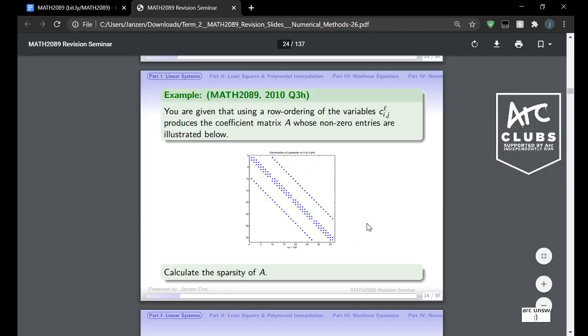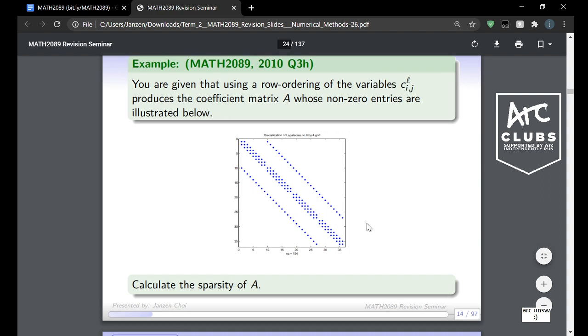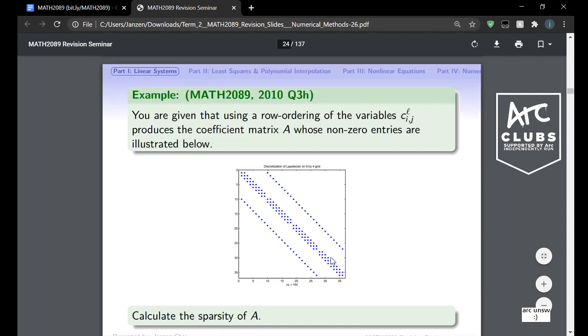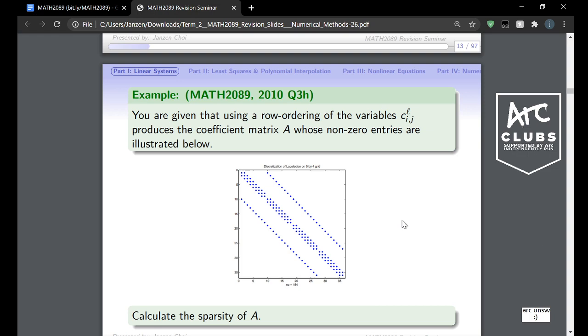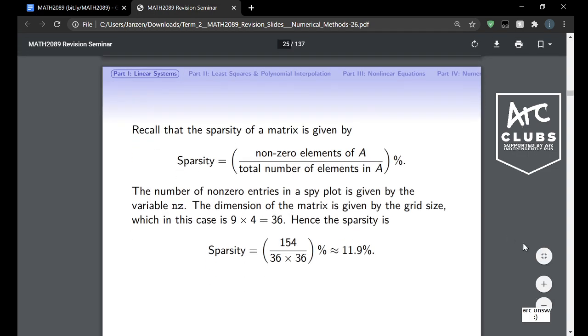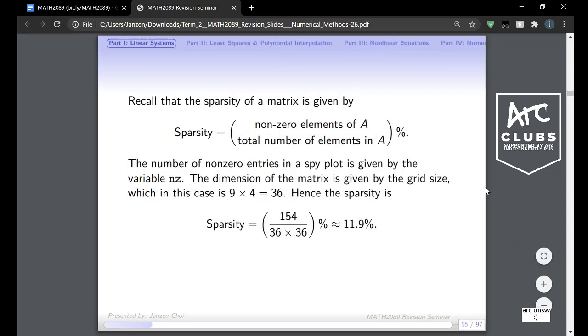And the total number of elements would be calculated by looking at the dimensions of the grid, which is 36 by 36. So you can see in the calculations here, it's just 154 divided by 36 squared, approximately 11.9%.